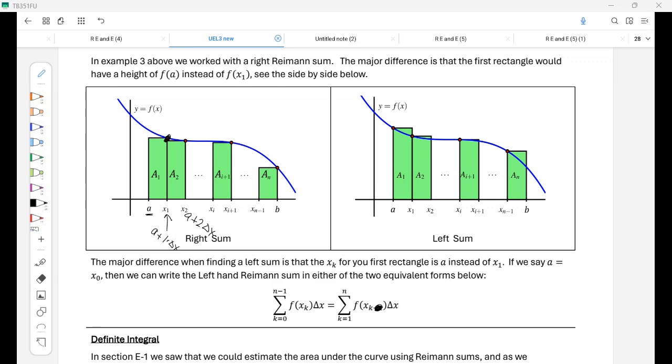Okay. Now, when we do a left sum, basically what happens is we start on the other side. So our a1 actually has a height of a plus 0 times delta x, or just a, right? So that's the major difference between a left and a right sum. Our a1 starts here, which is a plus 0 delta x. And then our a2 has a height of a plus 1 times delta x, because we're starting on the left instead of the right.